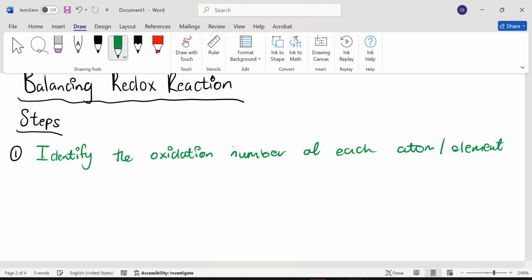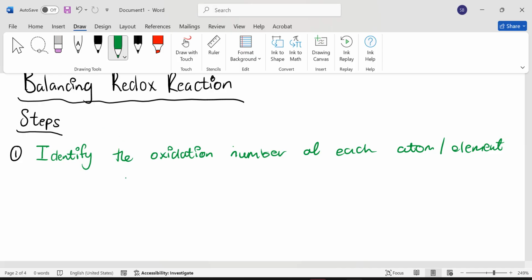And how do you actually do that? You use your rules. How do you actually determine the oxidation number? You use the rules and your basic knowledge. That is, if you have some oxygen alone, you know that it has an oxidation number of 0. And if you have oxygen in some other compound, then you know it has an oxidation number of 2 minus, given that it's not a peroxide or a fluorine.